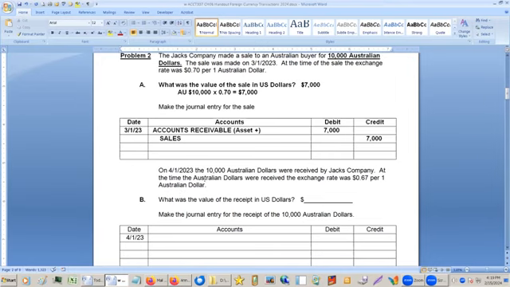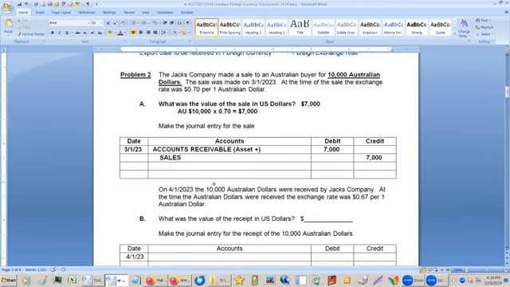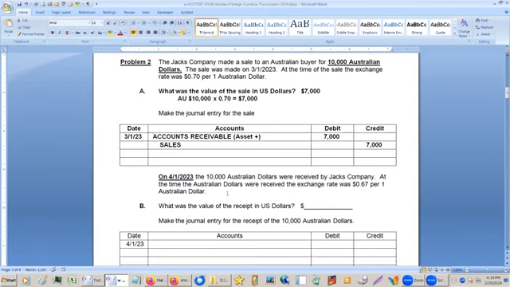Okay, so it's like April 1st. They sent us the 10,000 Australian dollars. And at that point in time, the exchange rate was 67 cents.